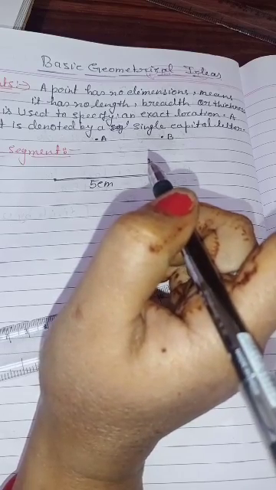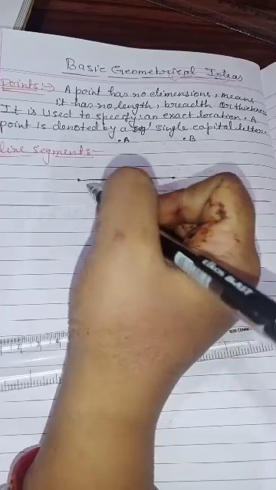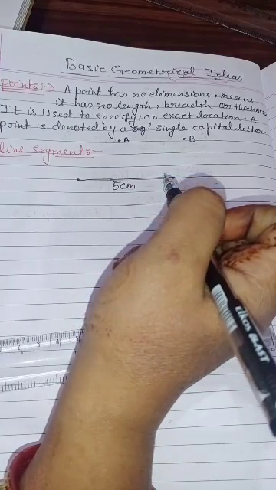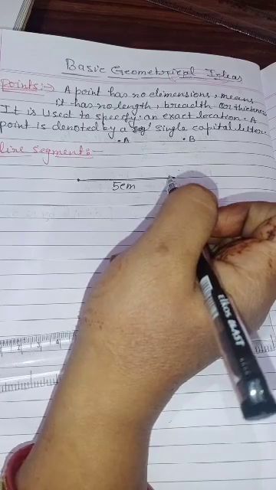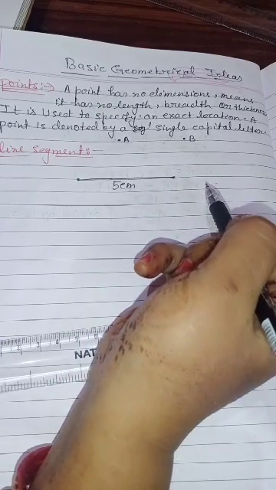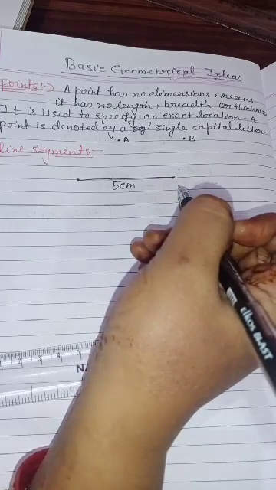So what is the definition of the line segment? It has two end points. A line segment has two end points. It is fixed in length. Its length cannot be increased. If we would like to increase the length of this line segment, we cannot.